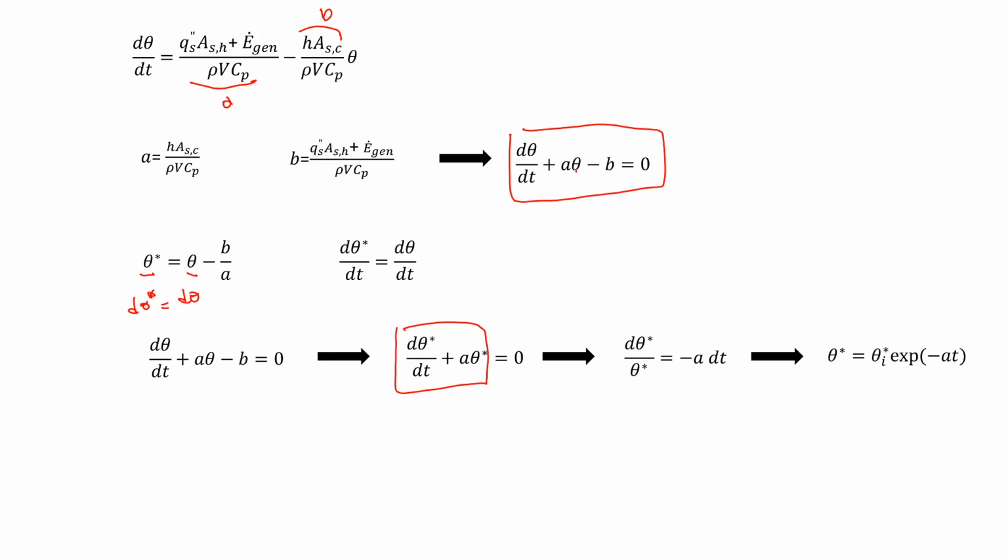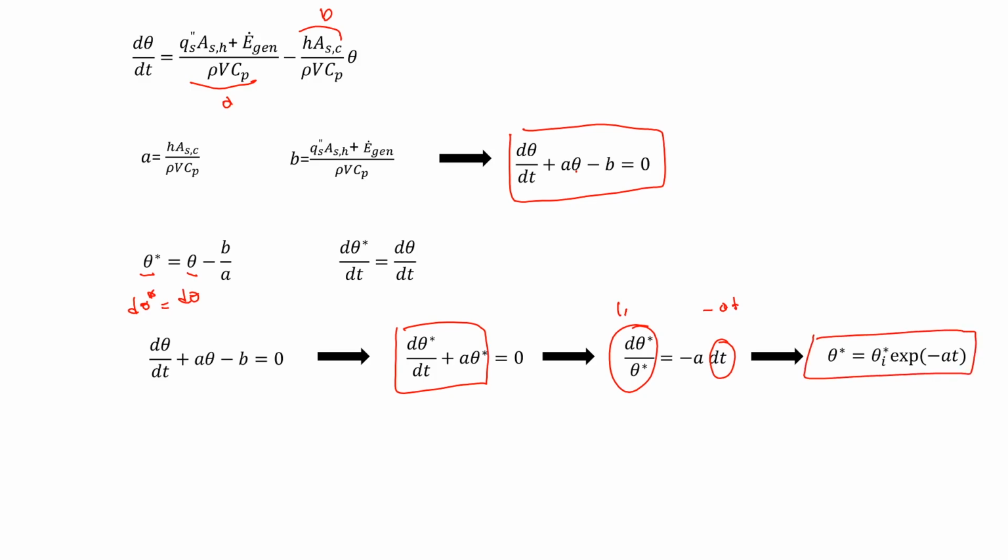in this form. Then you can separate the theta terms on one side and the time term on the other side, and then you integrate, and again we saw this already, you are going to get an exponential. This is going to give you a log term, and this is going to give you minus A t, and then you take the exponent of both sides and you get theta star.